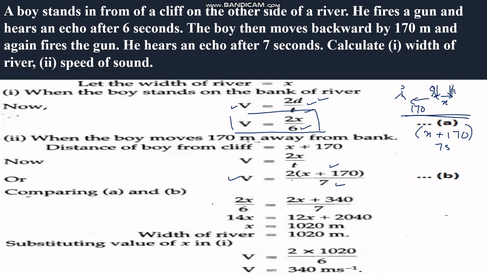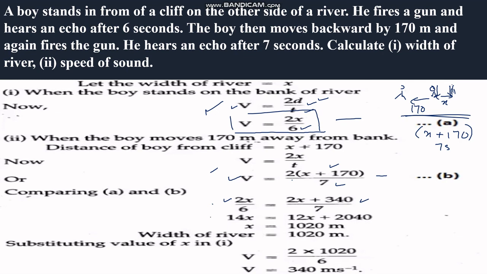Clear? Now the velocity of the sound in the first situation and the second situation obviously is the same. So we can equate this A and the B. When you equate these two, you will get 2x upon 6 equal to 2x plus 340 upon 7.